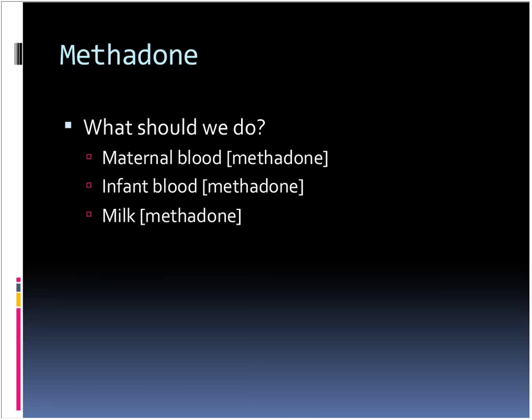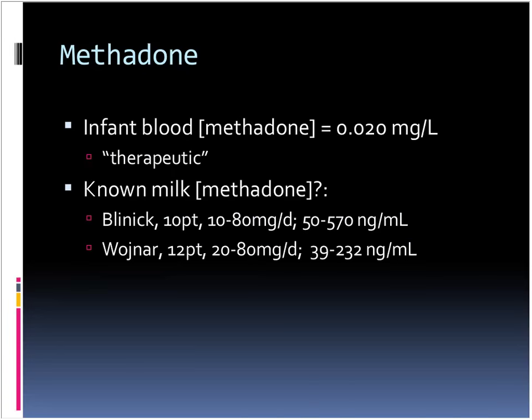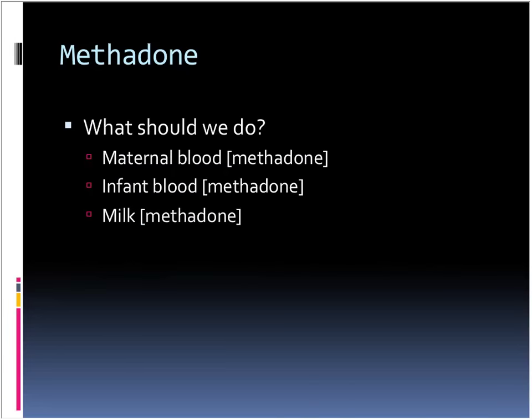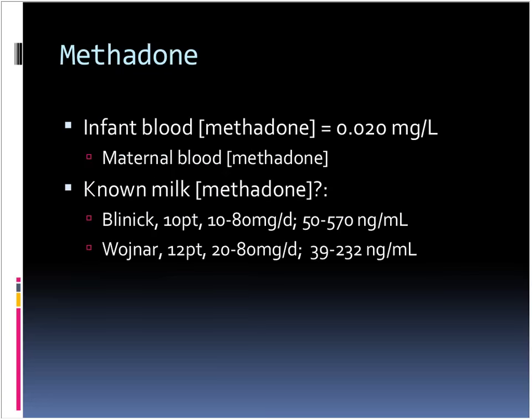So the infant blood methadone concentration comes back and is therapeutic. This is one of those many tricks. What is therapeutic for an infant that is not habituated to methadone?